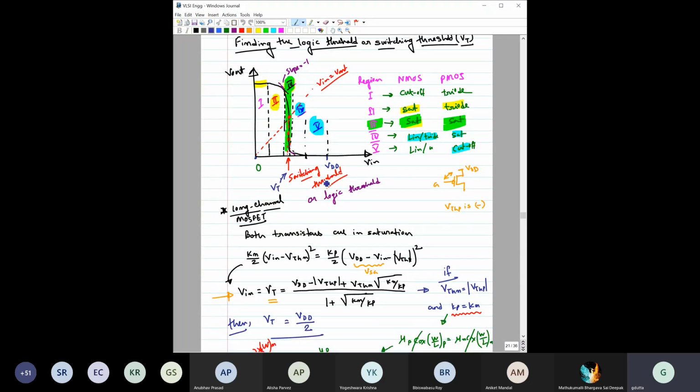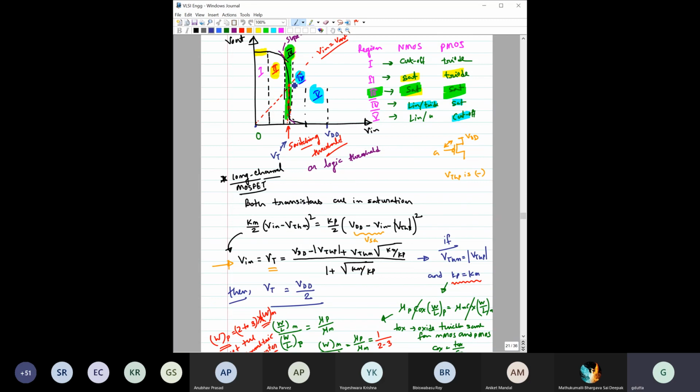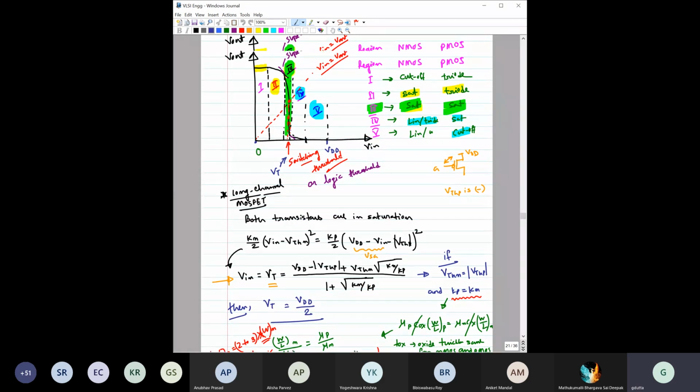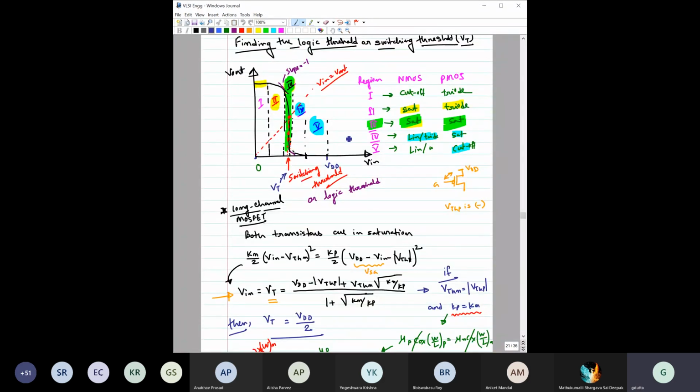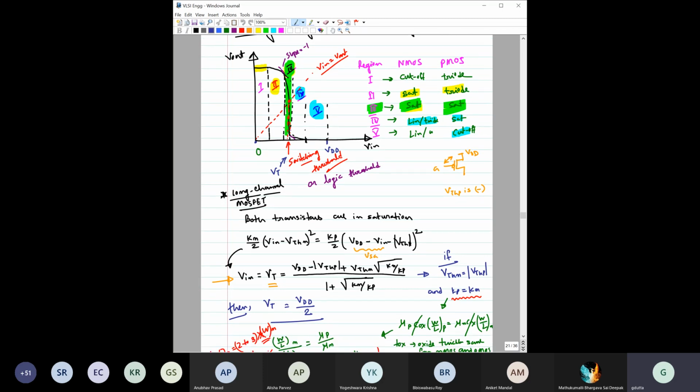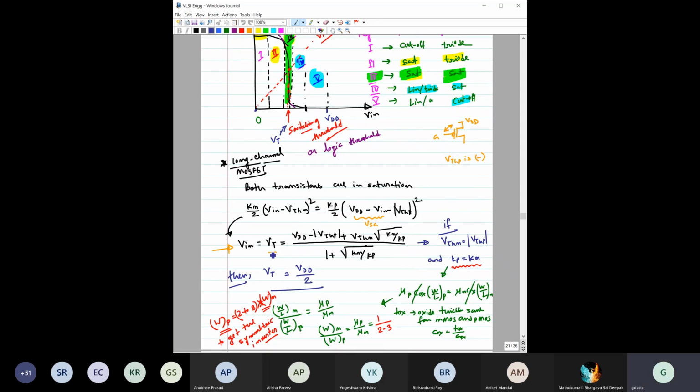You have to equate the current, because the same current flows through the PMOS and NMOS. This switching threshold will be in region 3, where both the PMOS and NMOS transistors are in saturation. From here you will get this VT, the logic threshold or switching threshold.